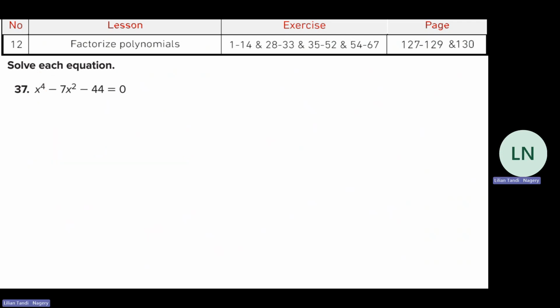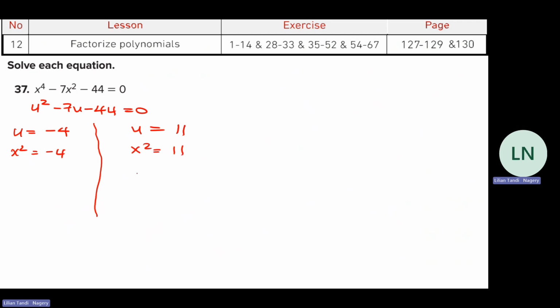All right, same thing you're going to do here. This becomes u squared minus 7u minus 44 equals 0. You put this in your calculator or you do jadwal or you do the quadratic formula. You should get 2 u's: u equals -4, and u equals 11. Then you put here x squared equals -4 and x squared equals 11.